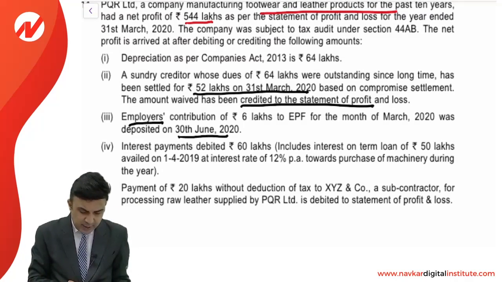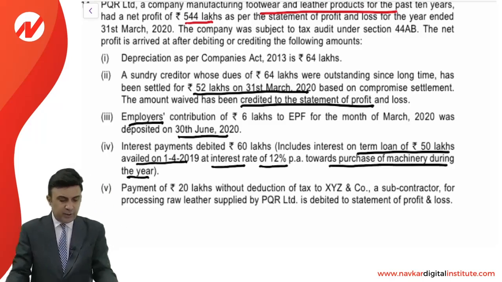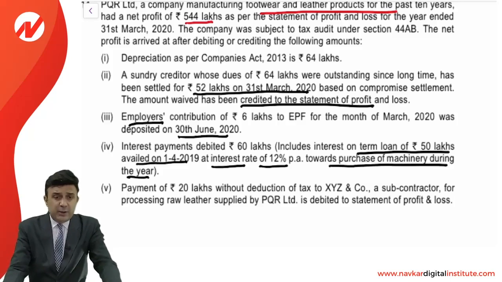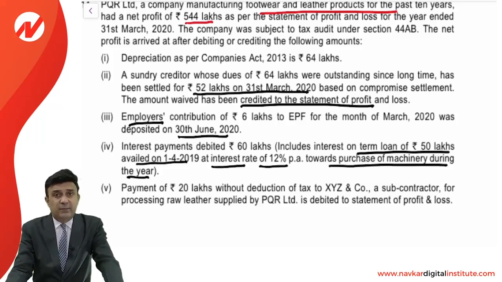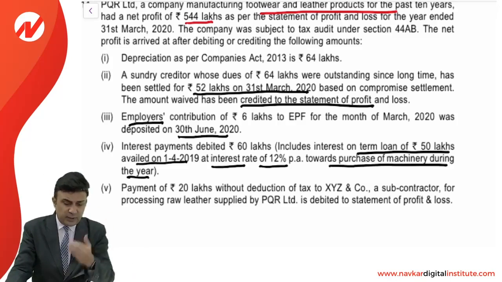Interest payment debited 60 lakh includes interest on term loan 50 lakh availed on 1/4/19 at the rate of 12% towards purchase of machinery during the financial year. Friends, interest debited to profit and loss account is 60 lakh, which is for certain working capital as well as for plant machinery.